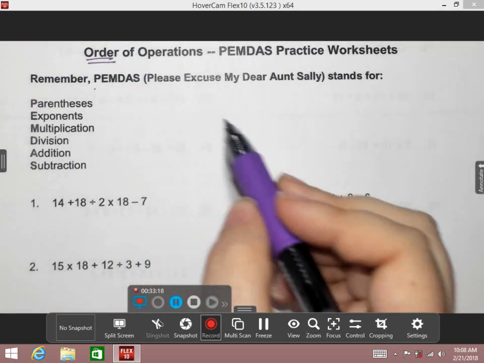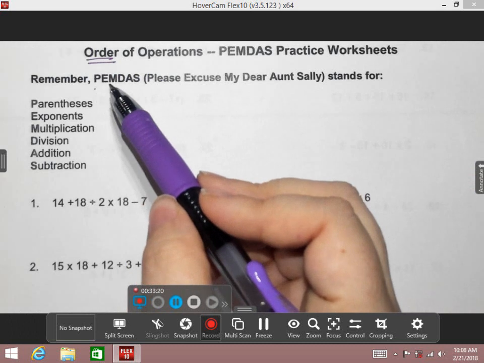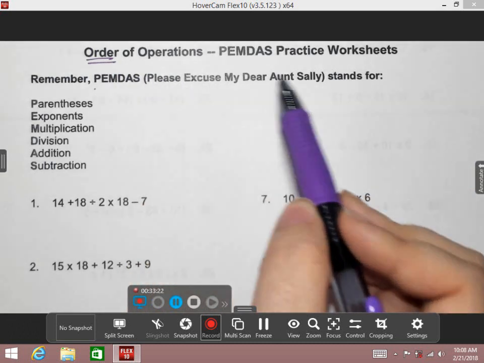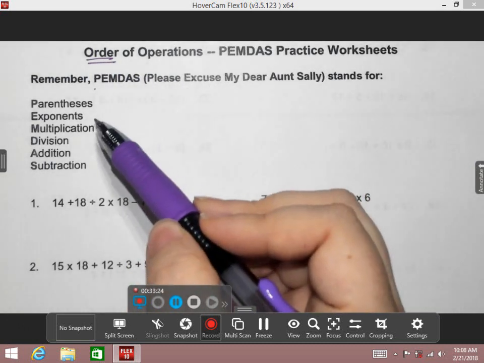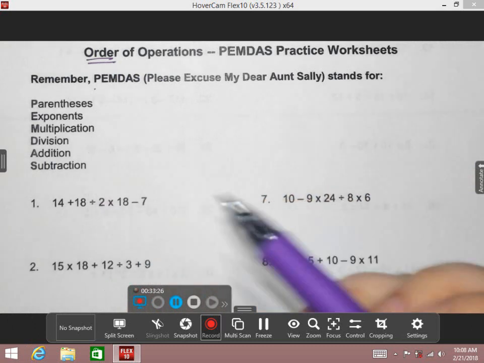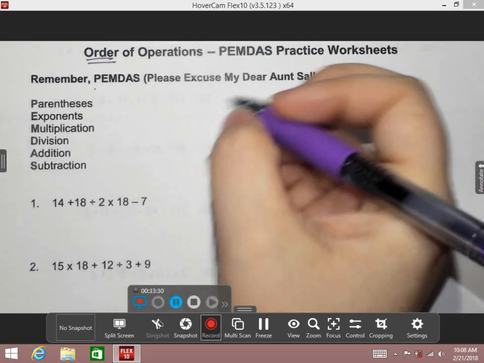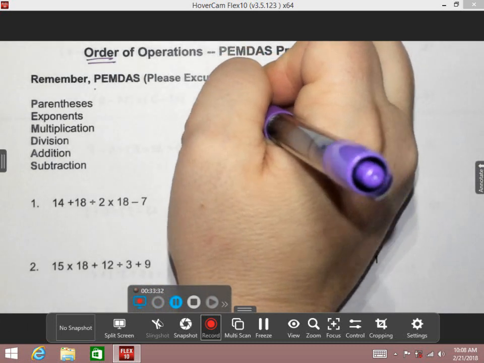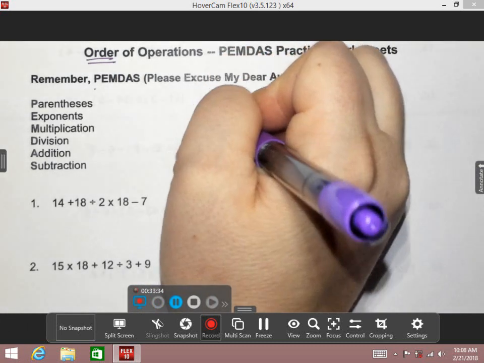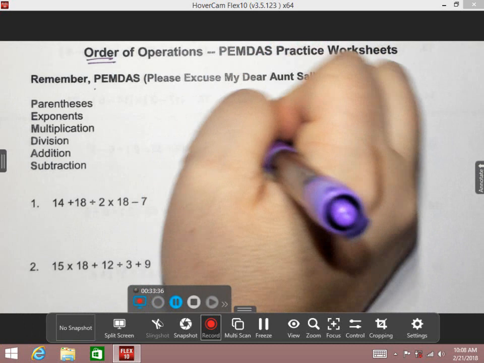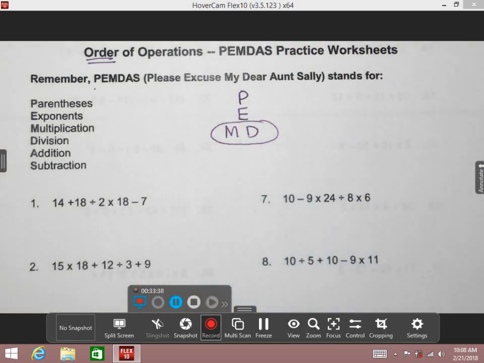All right? Just a reminder, remember, PEMDAS, or please excuse my dear Aunt Sally, stands for parentheses, exponents, multiplication, division, addition, subtraction. All right? A better way to write PEMDAS instead of just straight down would be parentheses, exponents, multiplication, and division. I'm going to group those together. Why would I group those together? Because whichever one is there comes first.